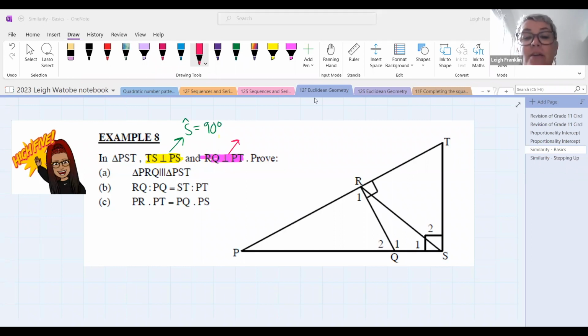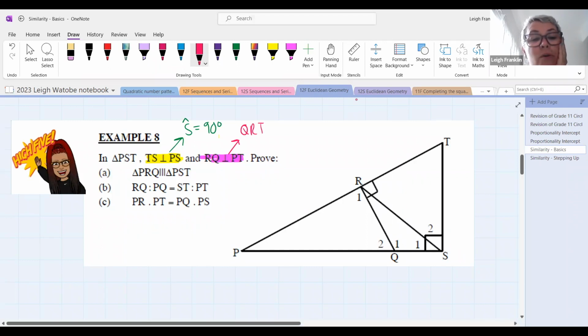Yeah, there's a right angle in the triangle. Absolutely. S1 plus S2 is 90. Fantastic. So over here, if RQ is perpendicular to PT, it means that angle QRT, or I could say TRQ, is also equal to 90.